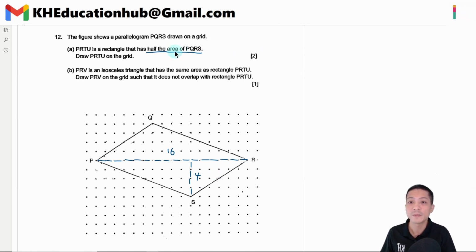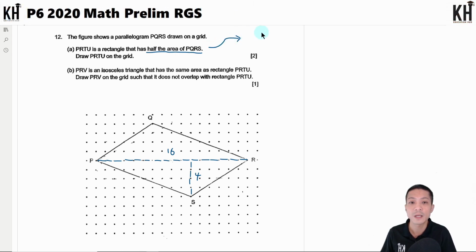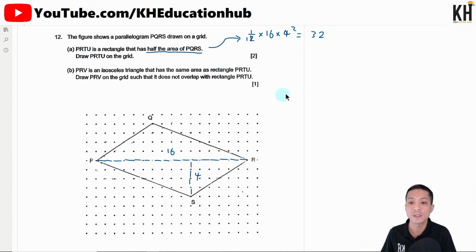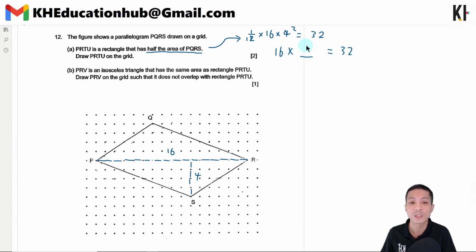That means half the area of PQRS will be half times 16 times 4, right? Cancel 1, cancel 2, which will give you 32. So PRTU must also be equal to 32. Since I must use the 16, it must be 16 times something equals 32, and so you know that this is a 2. 16 times 2.